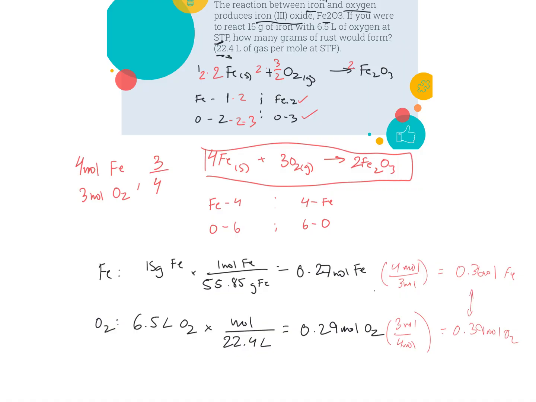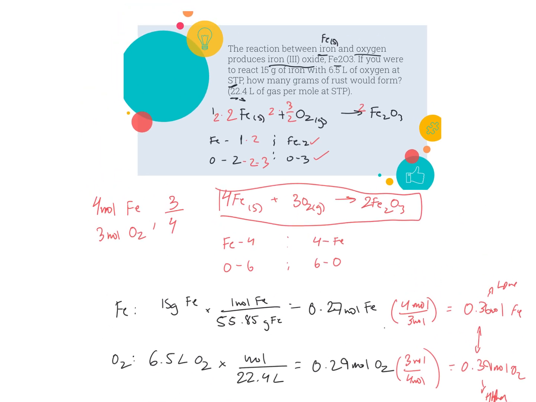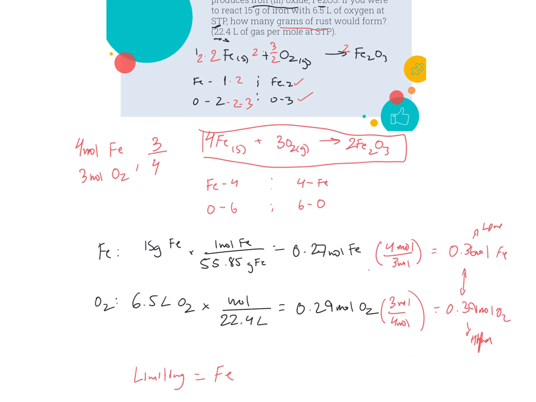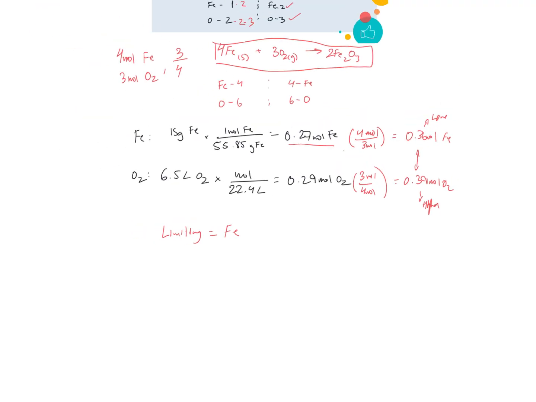This one up here is lower. This is higher. And so my limiting reactant is Fe because I have less moles. And so now, if I want to determine how many grams of rust would form, because that's what my question's actually asking me, I would use this number of moles because that is the maximum I can actually make based off of this reaction.